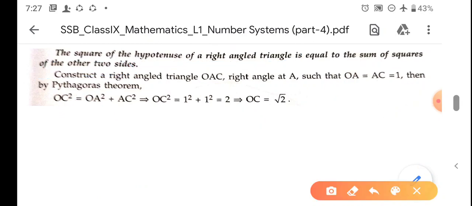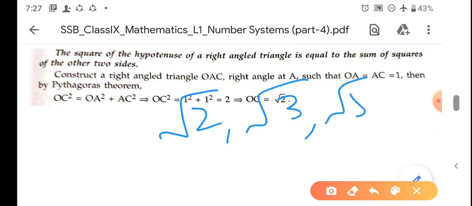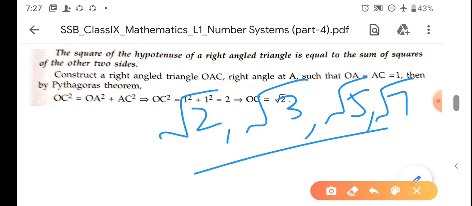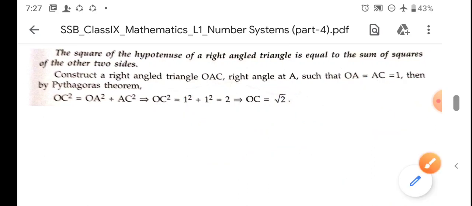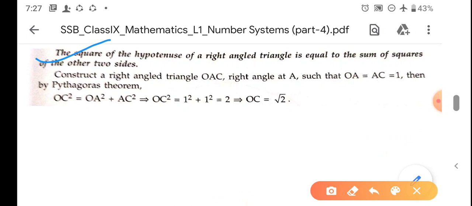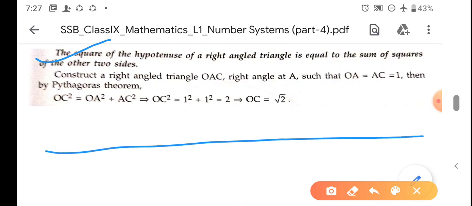Today we will study how to represent root 2, root 3, root 5, root 7 and many more irrational numbers, and the basis of all of them is the Pythagoras theorem. Suppose we are drawing a number line and we will construct a triangle OAC.